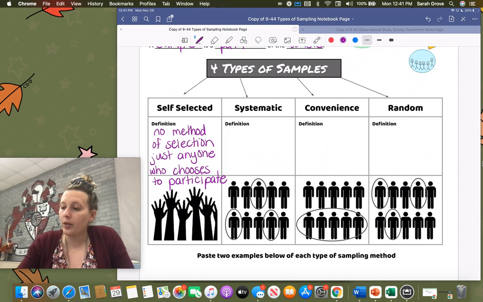Okay, the next one, which is a pretty good method for picking people, is called systematic. And essentially what you do here is you choose every nth member of your population.